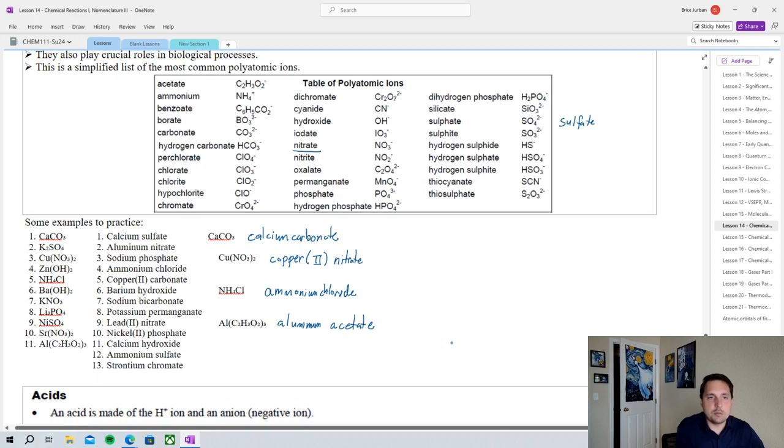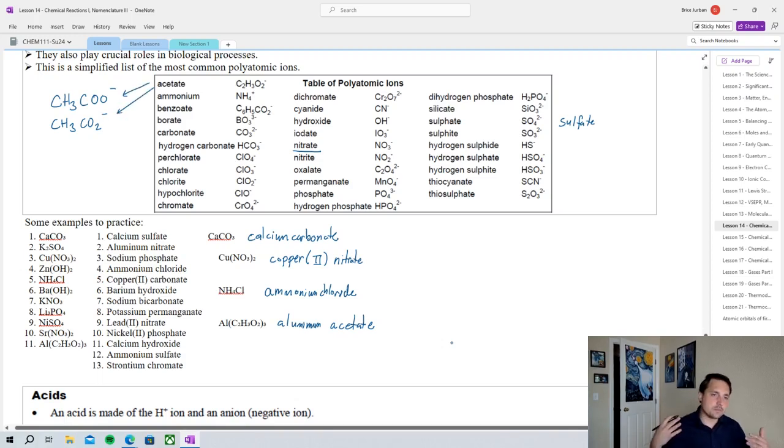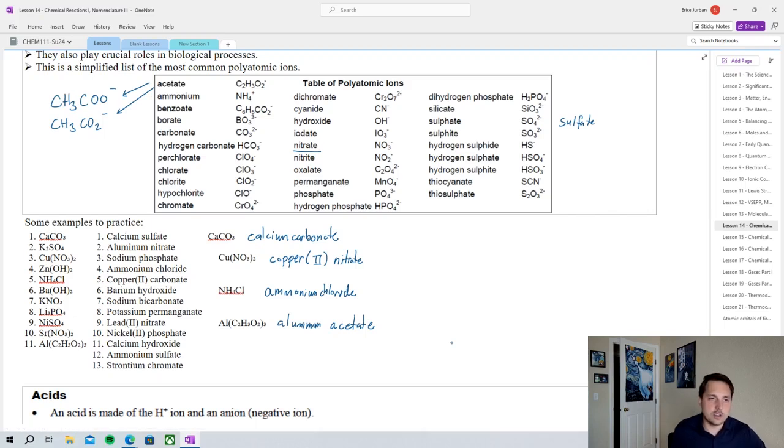Acetate can also be written a different way. So sometimes you'll see acetate as CH3COO or CH3CO2, both with a minus charge. So that has to do with the organic nomenclature.